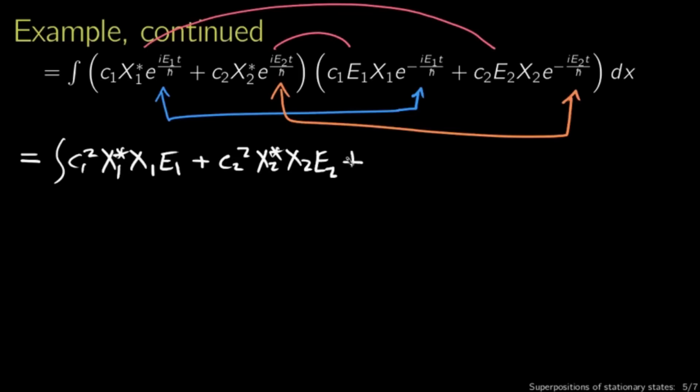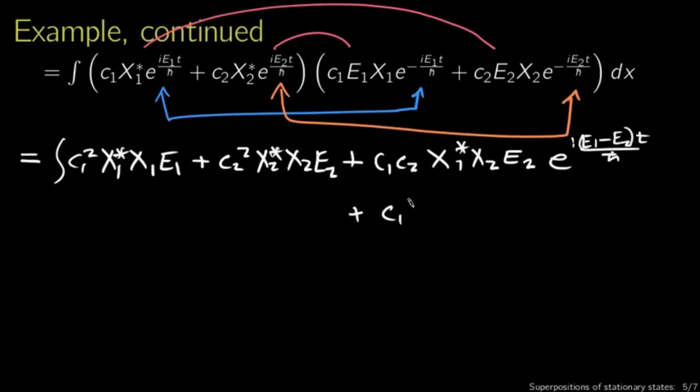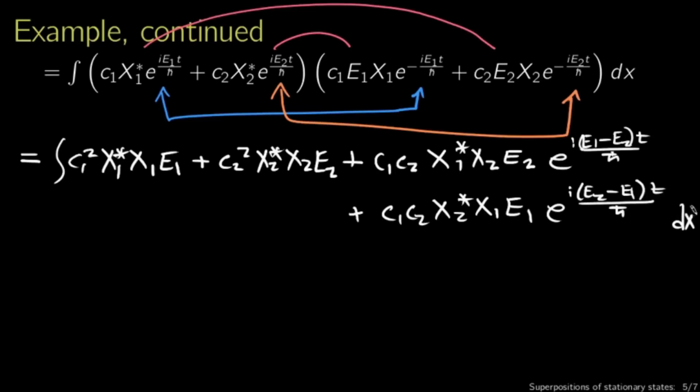Now our cross terms, plus c1 c2 x1 star x2, and then we have, in this case, an e2, and we have some time dependence: e to the i e1 minus e2 t over h bar. Our other cross term looks quite similar, plus c1 c2 x2 star x1 e1 e to the i e2 minus e1 t over h bar. And this is all integrated dx, as before.